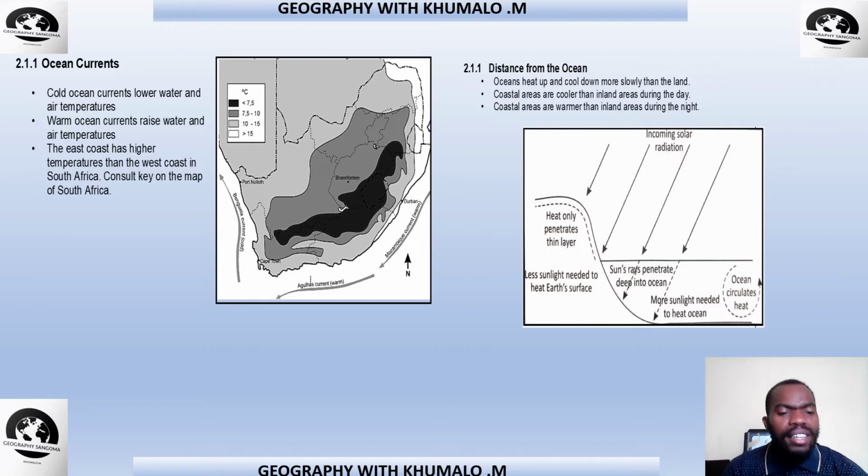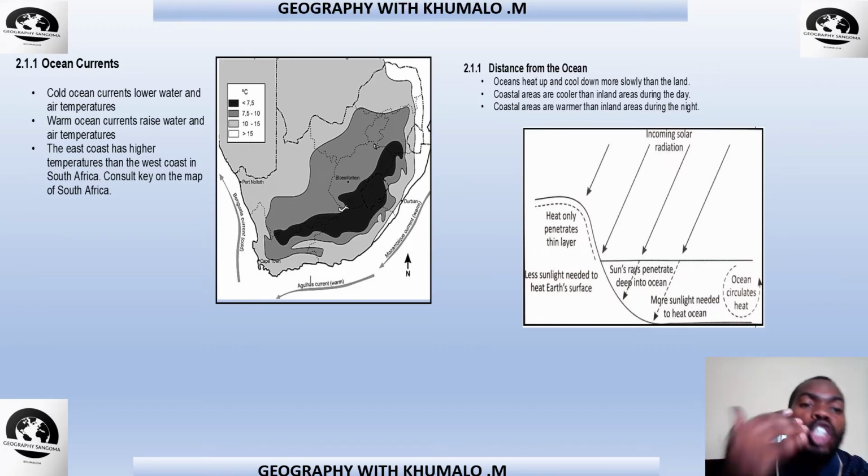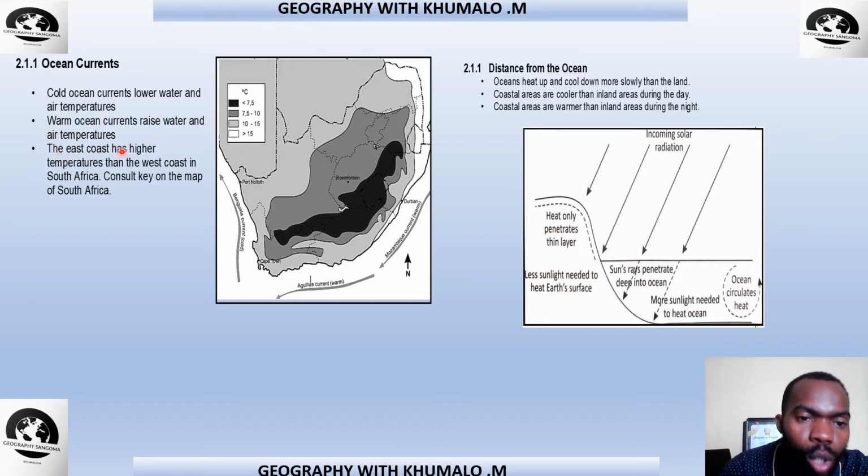Now, another thing that you have to take note of is the ocean currents. Remember, you've learned about ocean currents: cold ocean currents lower water and air temperatures, and warm ocean currents raise water and air temperatures. Now, the east coast has higher temperatures than the west coast in South Africa. Consult the key on the map of South Africa.